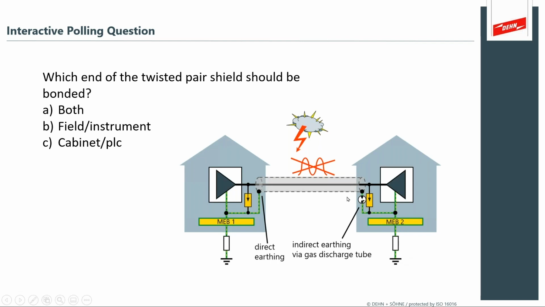You'll create real havoc if you have these bonded all the time. So what is often seen is that you peel back the shield, but it's also possible to consider an additional surge protection gas tube from shield to earth. So in this diagram, we also see the application of a surge protection device on each end, which is also best practice.